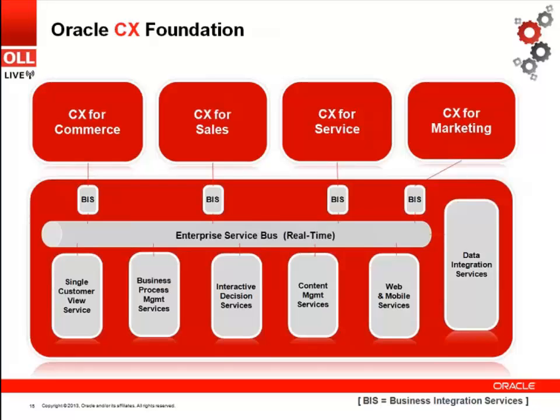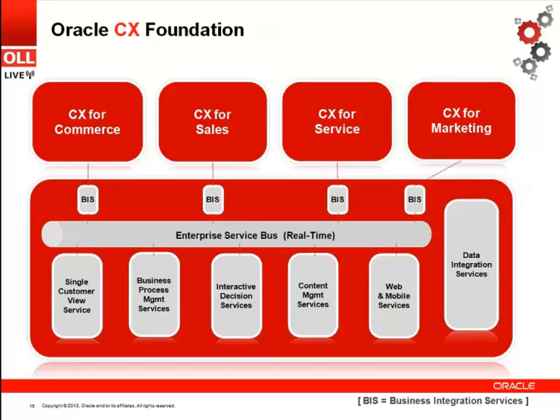Every time somebody comes online to a channel or to your website and they log in, you need to be able to present to them information that's relevant, right? But at the same time, if you've got a relationship manager, they need to have a view of all the things that we talked about, lifetime value, the customer's history, change of circumstances, so they are able to give them a much better service. And then we have business process management services.